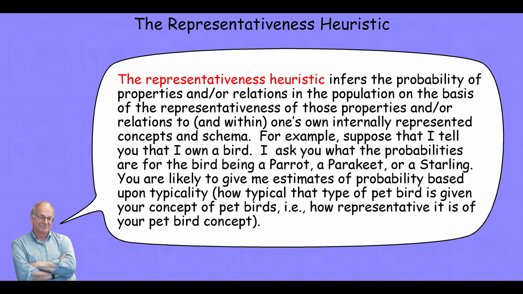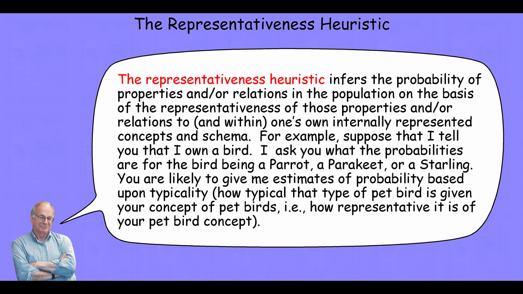And so you will say, I think parrots and parakeets are pretty common. Because they're very typical of your concept, you will assume that they are fairly frequent in your experience, and their frequency in your experience will then be extrapolated out to their frequency in the population. That is, their likelihood of being a pet bird of Wallace's. Parrots and parakeets, fairly common. Starlings, not fairly common, though they're a popular pet bird in Britain.